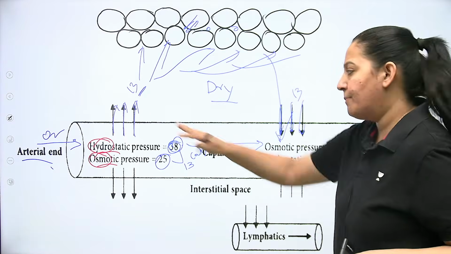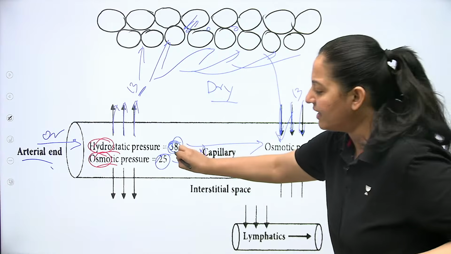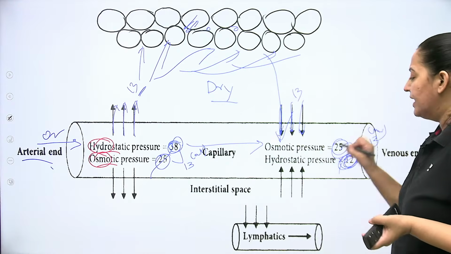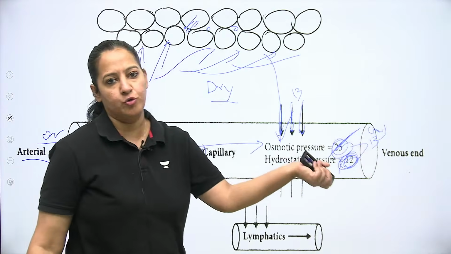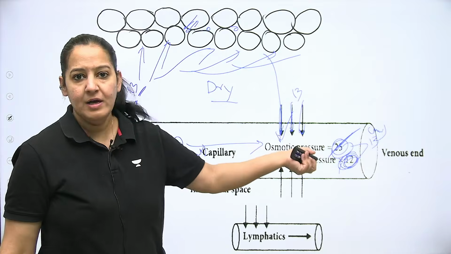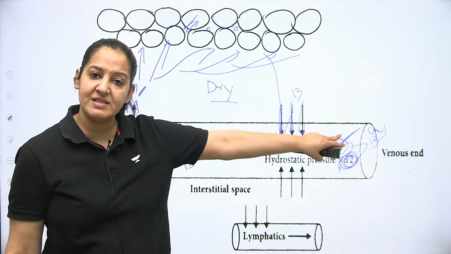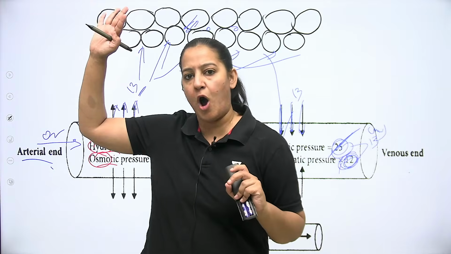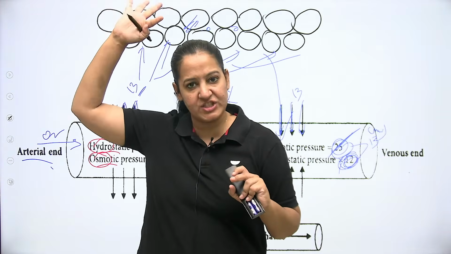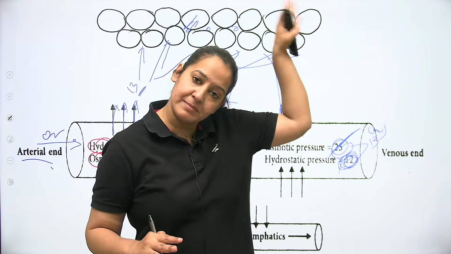Water is decreased, but protein is the same everywhere, so the osmotic pressure here is also 25. So 25 and 12 are the two pressures. You take the difference, it is 13, but this time 13 is inward. So my point is that at the arterial end, fluid goes out by 13 mm, does the exchange, and at the venous end, the same fluid comes in with 13 mm.